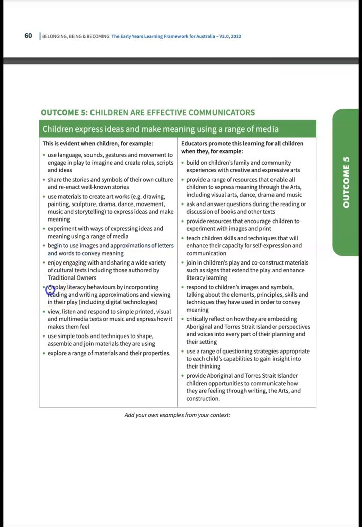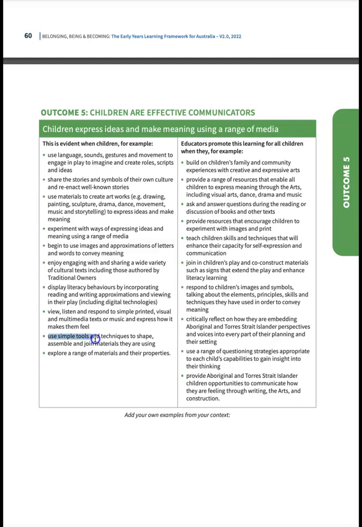You can see that it is evident that the child is displaying literacy behavior because they incorporate writing approximation in play. So that's how we use this EYLF and developmental milestones together to understand what we see, what we observe, what we write about the child's learning.